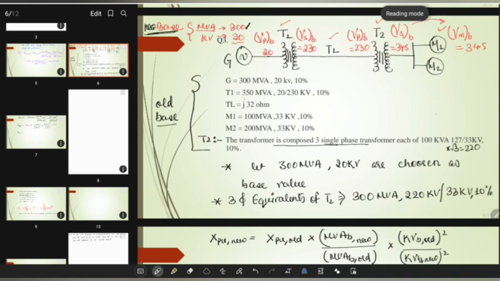Now, X per unit of transformer T1 will be, what is the old impedance? That is 10, so I write 0.1 into, what is the new MVA base? That is 300, divided by what is the old MVA base here? See, old MVA base, that is 350.